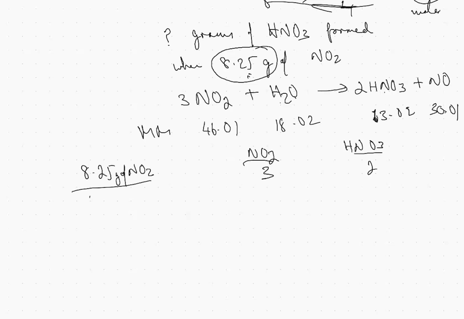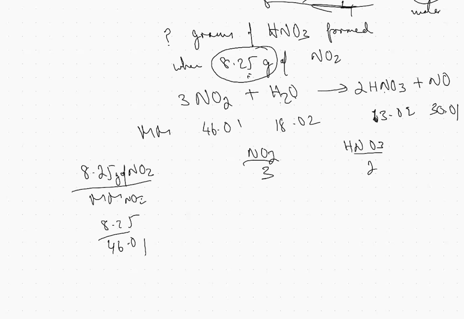So 8.25 divided by 46.01. I get 0.179. We'll say 0.18. Okay.